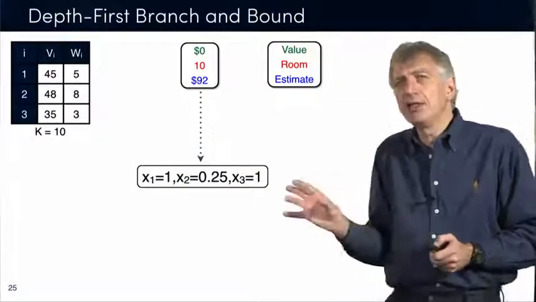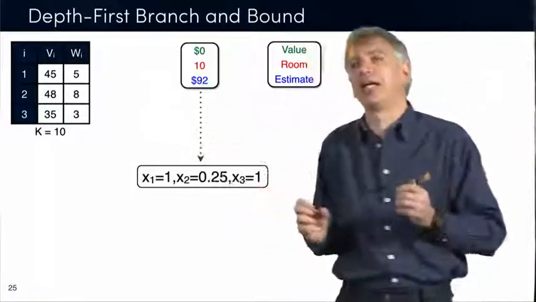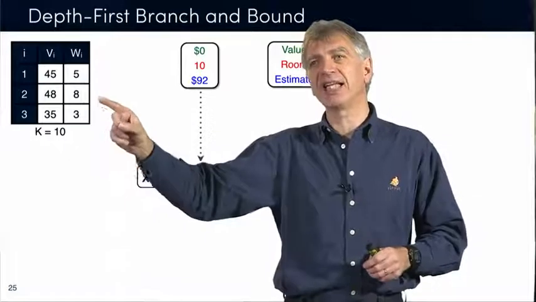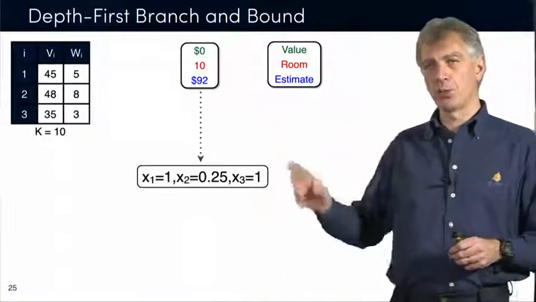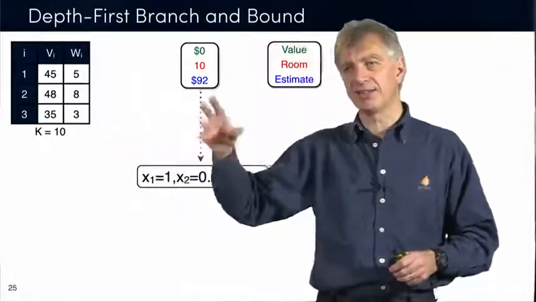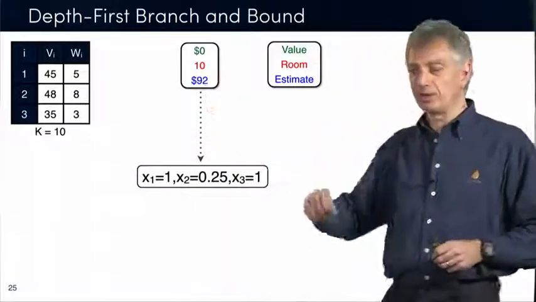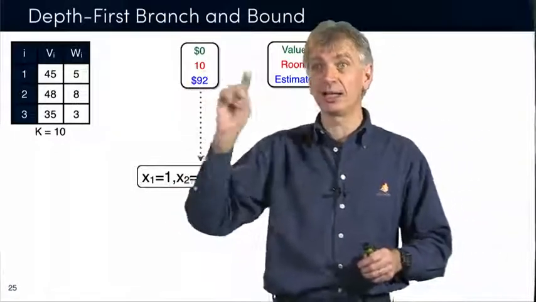And then I take only a fraction of the second item because I can't put the entire item in. Once again, this is 5 and 3. This is 8. I can take only a quarter of that one. And this is all you get. This value, because you sum 45 and 35, that's 80, and then a quarter of 48, that's 12. That's the value of the linear relaxation. So this linear relaxation is giving you this solution and that particular value.